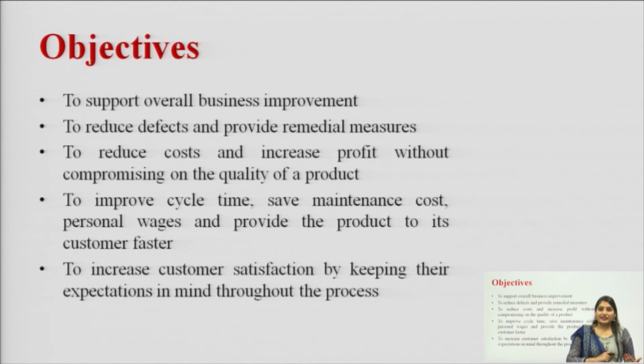So, the objective of the Six Sigma concept is to reduce the defects and variations and provide remedial measures, meaning if there is any deviation or defect, how we can correct it. Third objective is to reduce the cost and increase profit without compromising on the quality of the product.